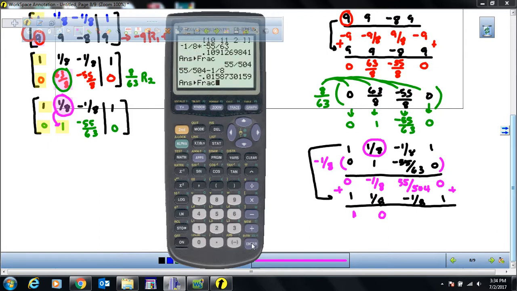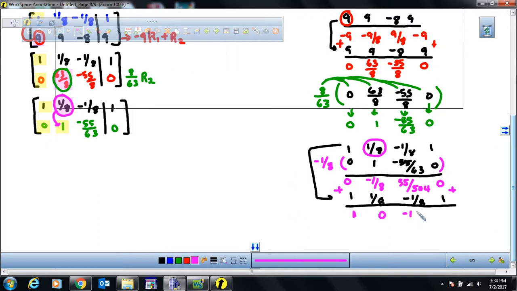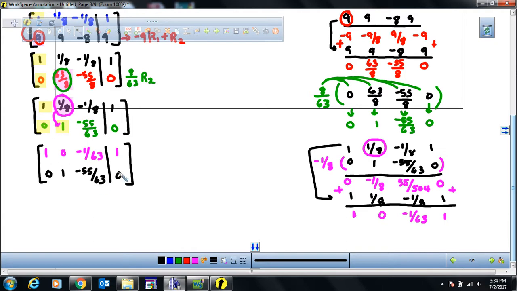Math, enter, enter. That's negative 1/63. 0 plus 1 is going to be a 1. So we are going to rewrite that into the top row. My top row is going to become 1, 0, negative 1/63, 1, and then I'm just going to bring the bottom row, which is 0, 1, negative 55/63, and 0.